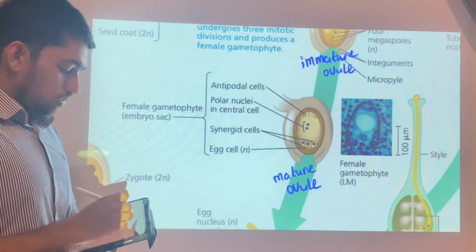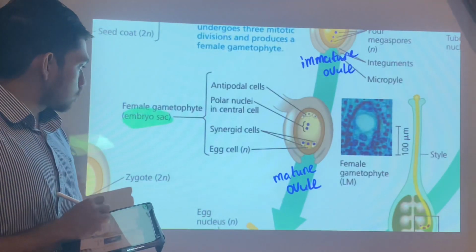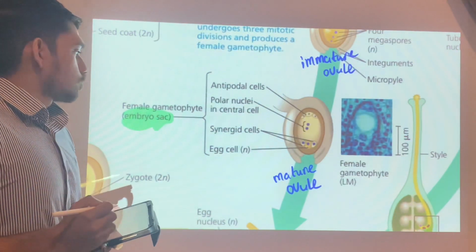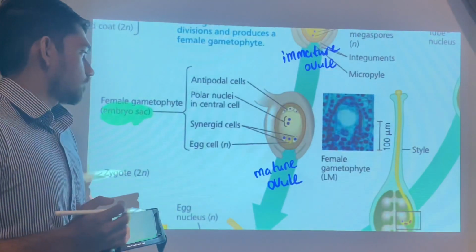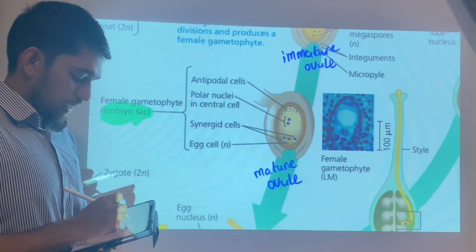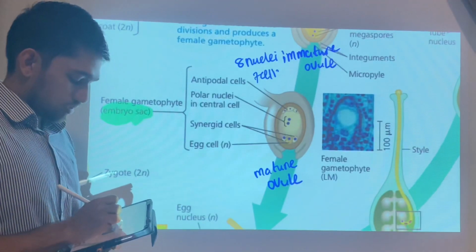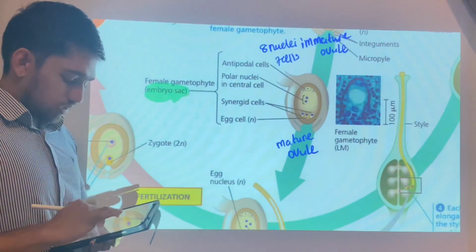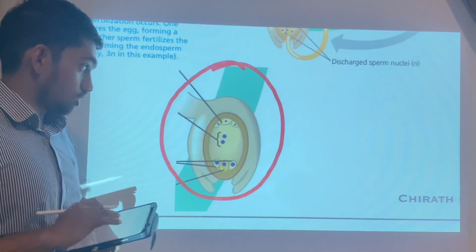In your flowering plants, the female gametophyte is given a special name, the embryo sac. The embryo sac is composed of a number of cells. It actually consists of 8 nuclei in 7 cells. We'll consider the entire structure of the embryo sac later.